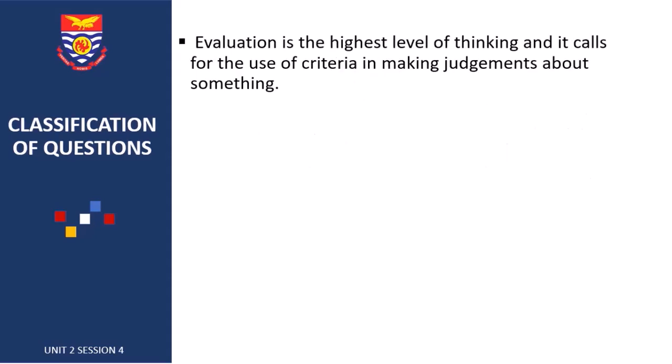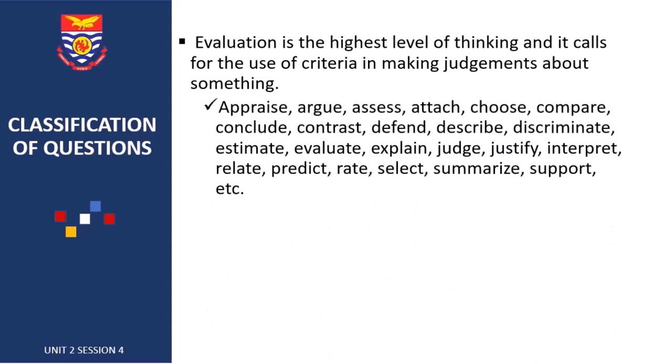And finally, at the top, we have the evaluation level, and it's the highest level of thinking, and it calls for the use of criteria in making judgments about something.